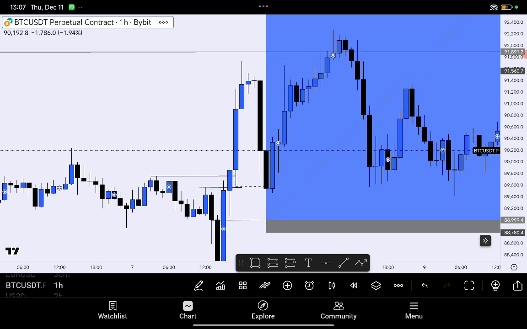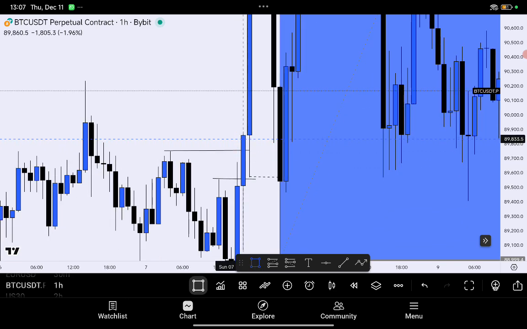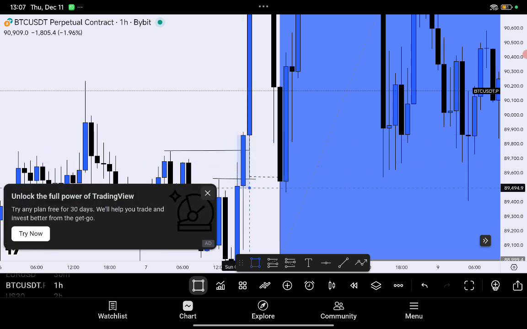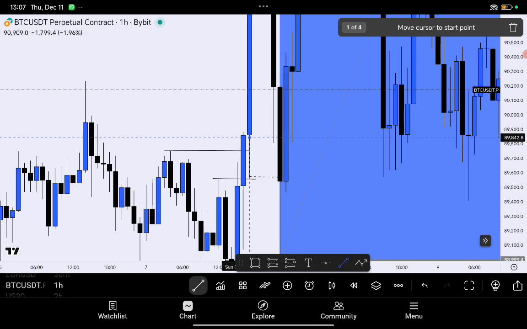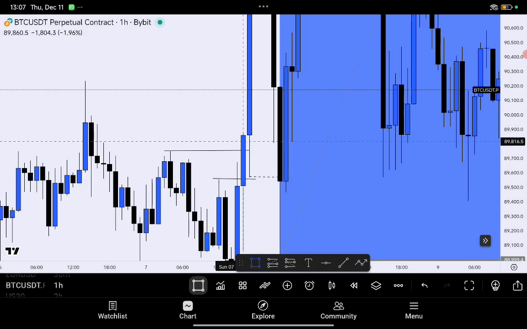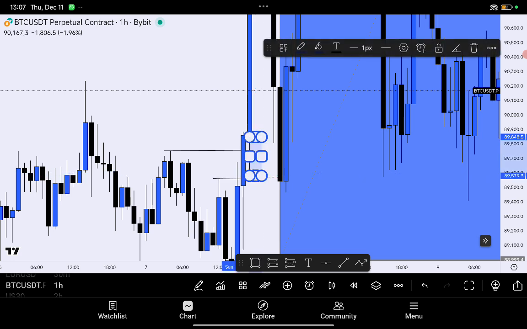Many will see it, but the liquidity is there. You can see this is the candle that broke the structure, and then this wick is the first pullback that the market makes, and that's our liquidity.